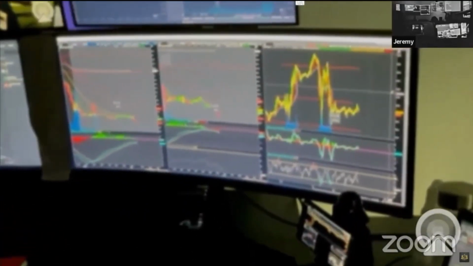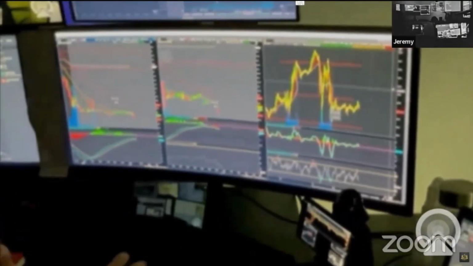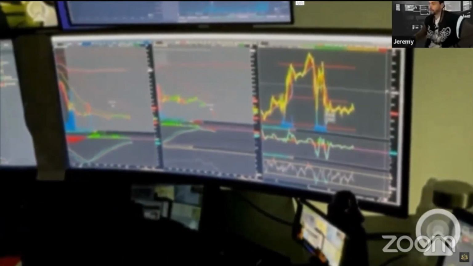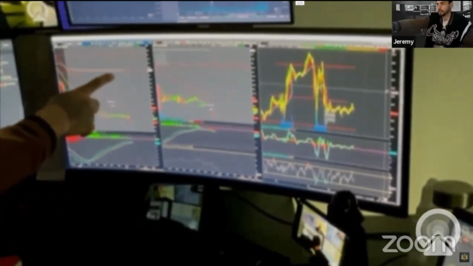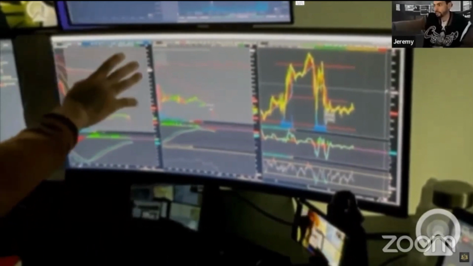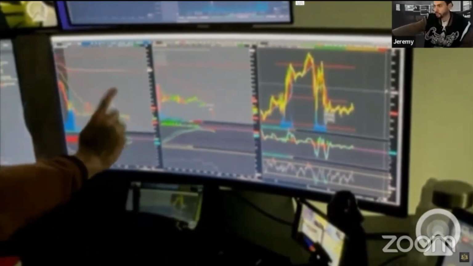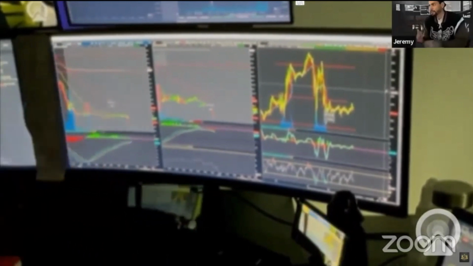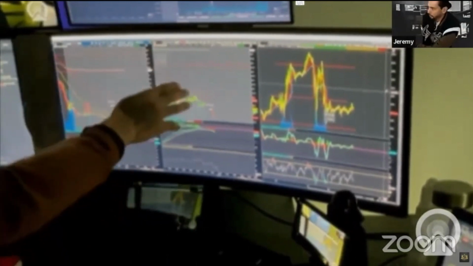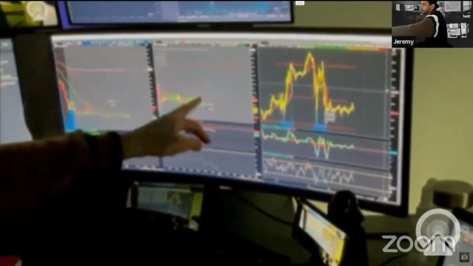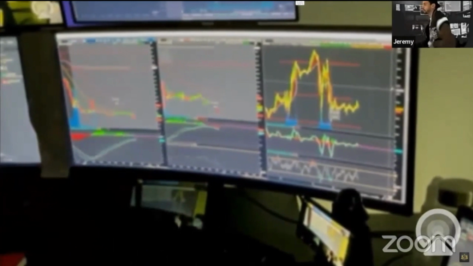On the larger screen, this is the TOS setup. On this chart right here is QQQ 5-minute, 20 EMA, 50 EMA, 90 EMA, MACD. And then we have Apple. Same thing, MACD, 20, 50, 90 EMA.